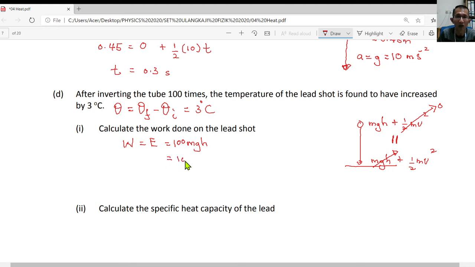I have 100, the mass is 0.5, gravity is 10, and the height is 0.45, the distance traveled. You should be able to get the answer 225 joule. So that is the work done.